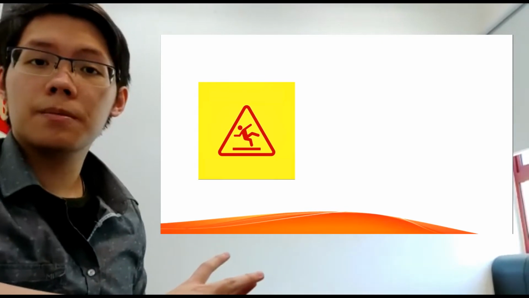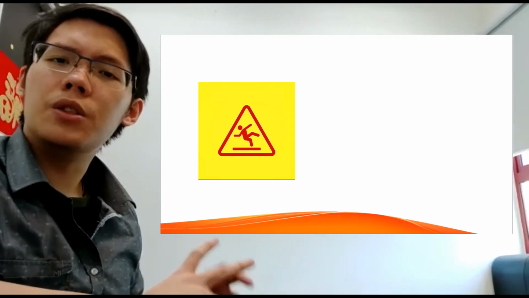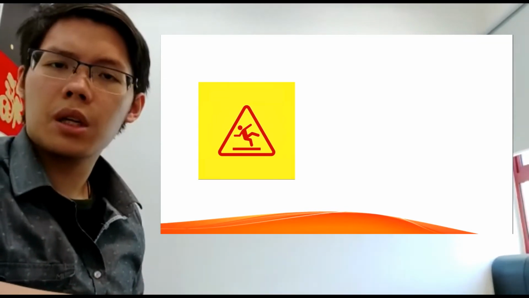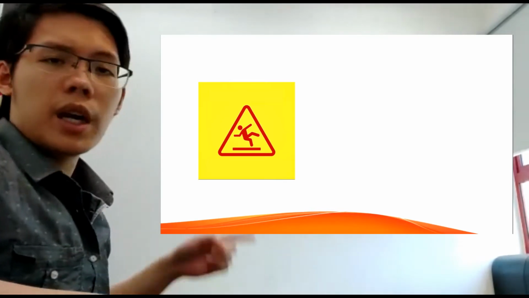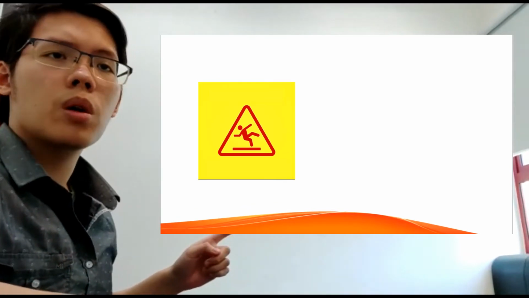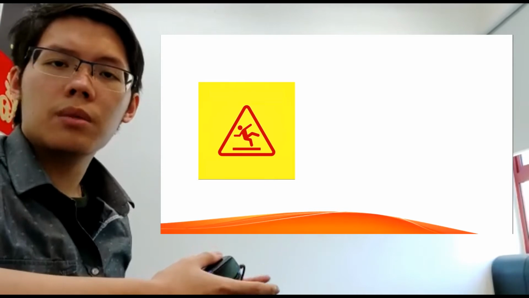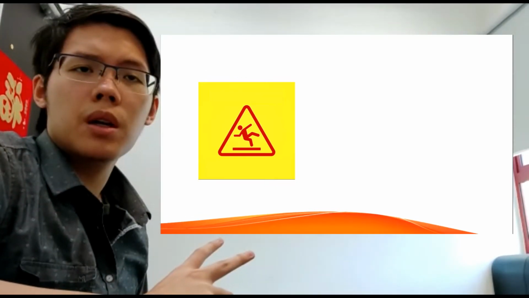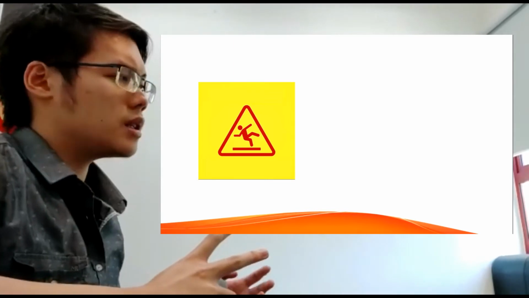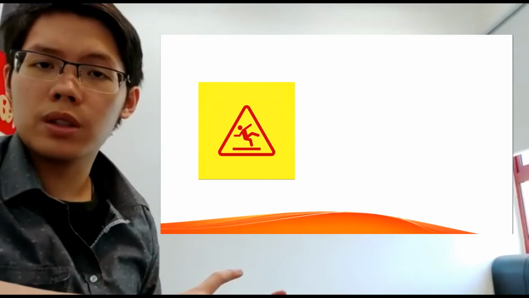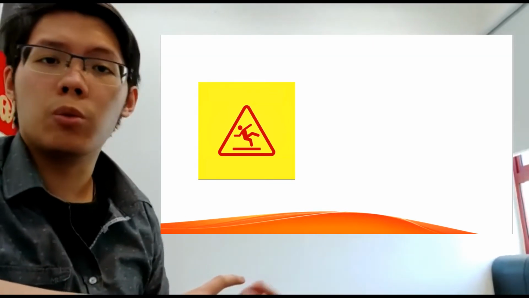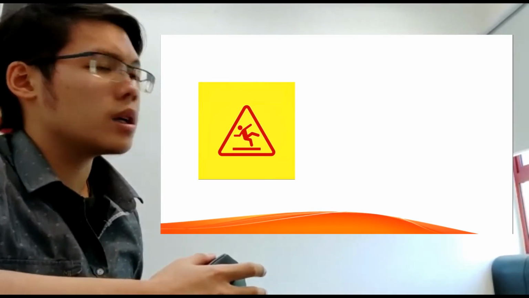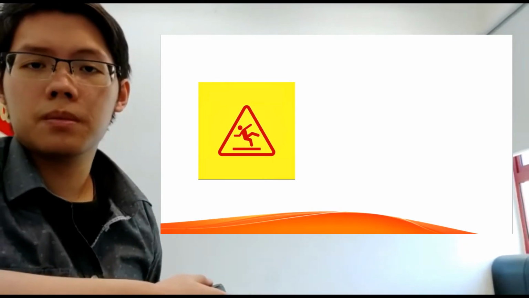Now here's the key. Text is used only when necessary. So if we take a look at this sign here, what can we tell by looking at this sign? Some people might be able to tell that this is a wet floor sign or slippery when wet sign, and others might be unsure.